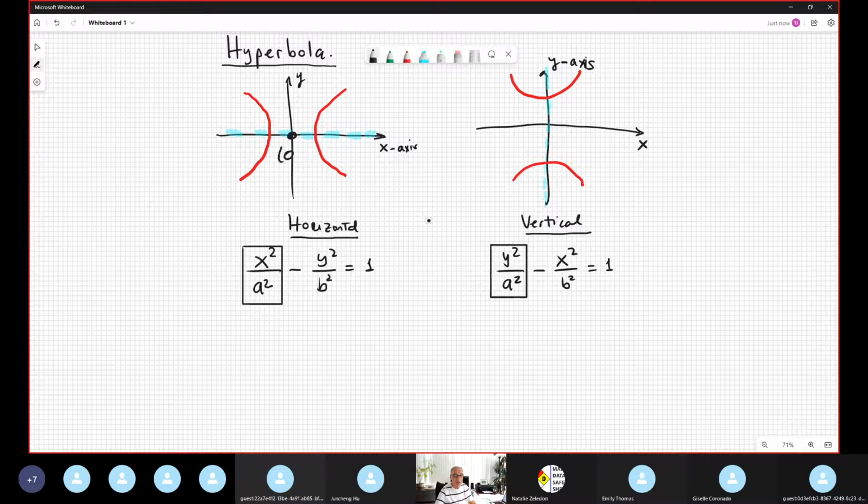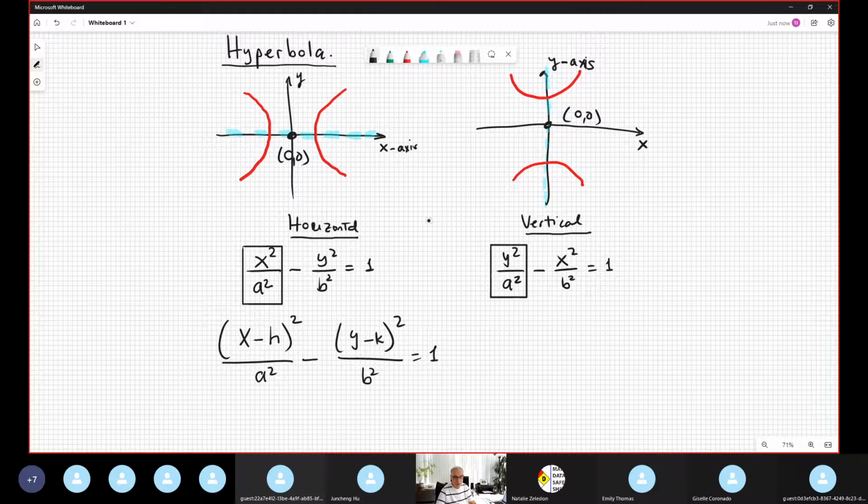Of course, we have another collection of formulas in which the center is not necessarily at 0, 0. It's at h, k. And the formula is very similar: x minus h. Remember, the letter h is associated with the x. And minus y minus k squared over b squared equal 1.